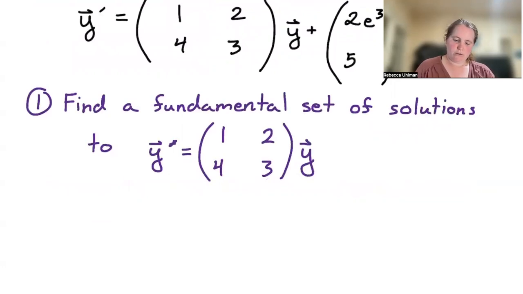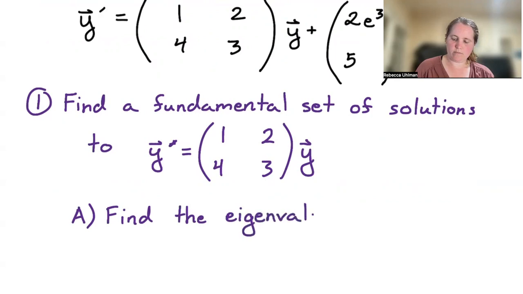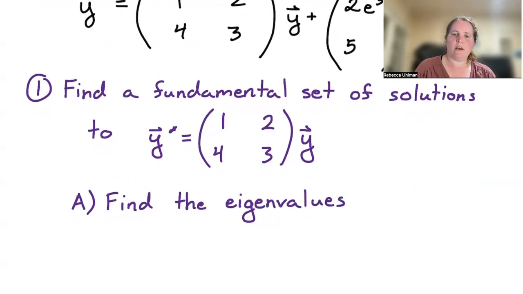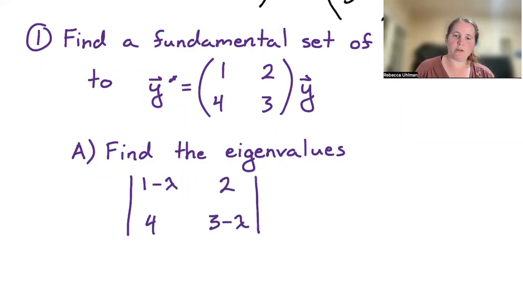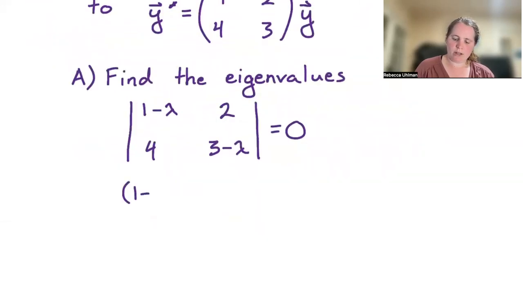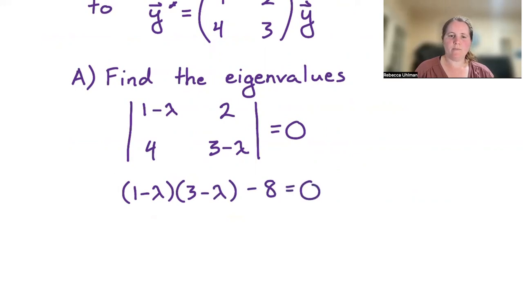To do this, the first thing we need to do is find the eigenvalues. And we have 1 minus lambda, 2, 4, and then 3 minus lambda. The determinant of that should be equal to 0. So we are looking at 1 minus lambda times 3 minus lambda minus 8 is equal to 0.